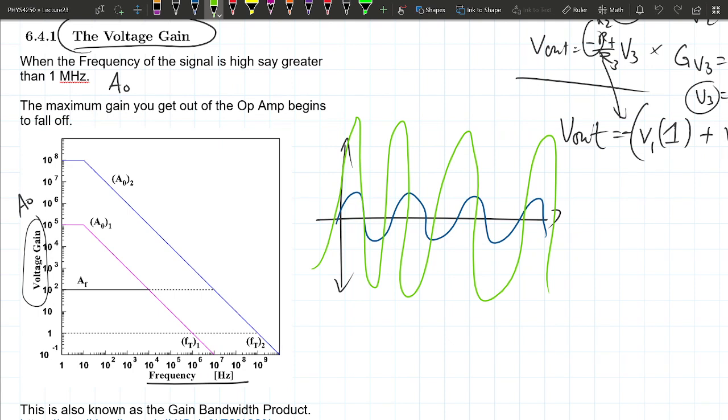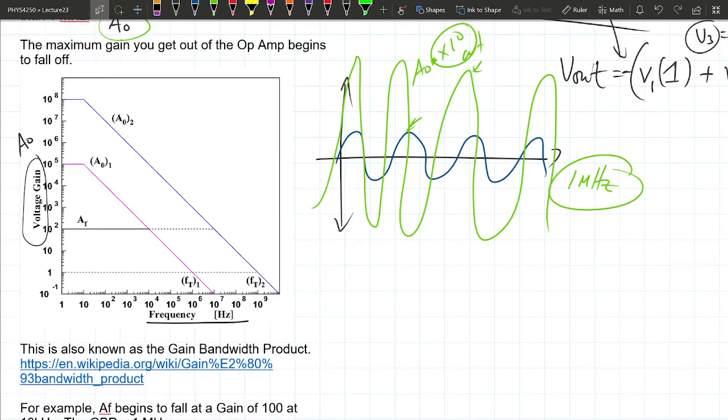So that's a voltage gain, A naught, a voltage gain of times 10 at a frequency, let's say this wave is at 1 megahertz, 1 million times per second. So that's a gain of 10 at 1 megahertz.